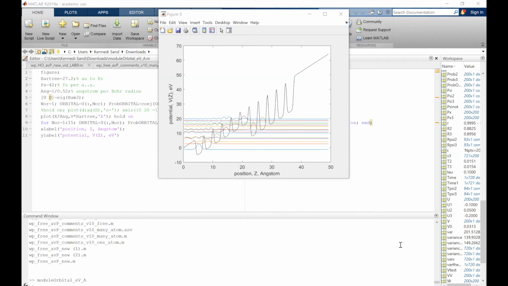Now, if we look to the area that corresponds to approximately 25 angstrom, we will see there an eigenstate. You can point it with the marker. Higher, higher, higher, two more.